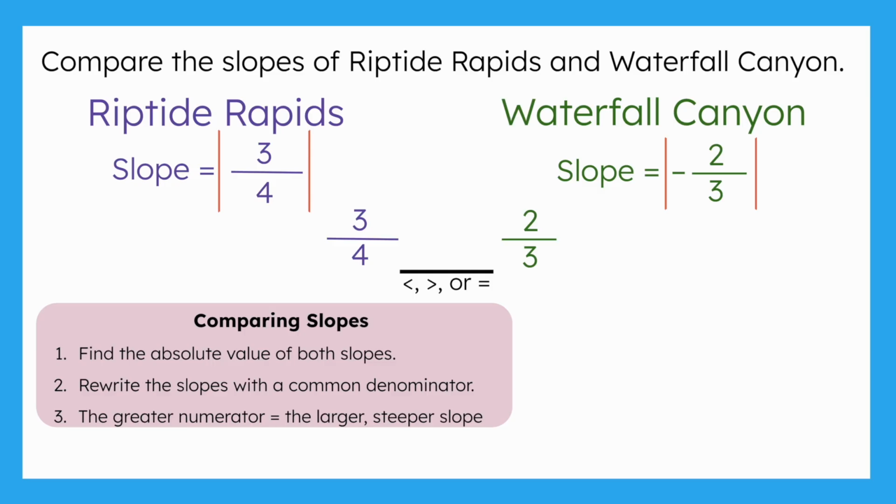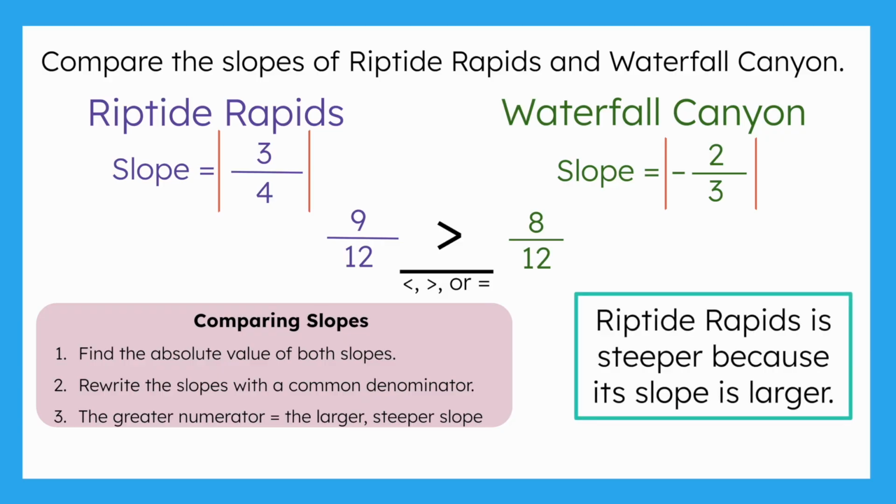That works. Multiply the numerator and denominator of the Riptide Rapids fraction by 3 to get 9/12. Multiply the Waterfall Canyon fraction by 4 to get 8/12. Now compare the numerators. 9 is greater than 8, so the first fraction is larger. That means Riptide Rapids is steeper than Waterfall Canyon.